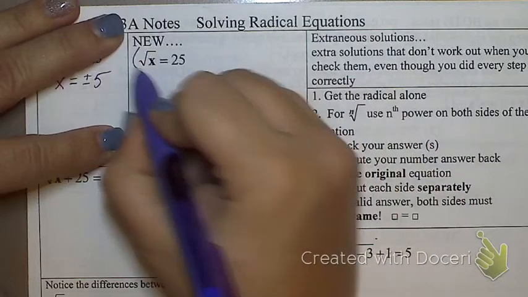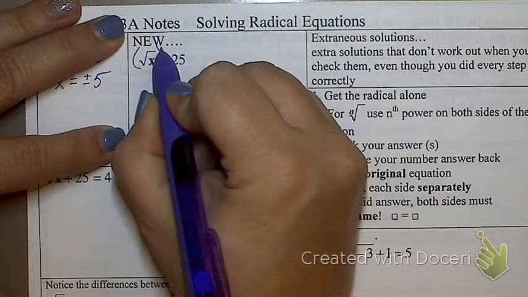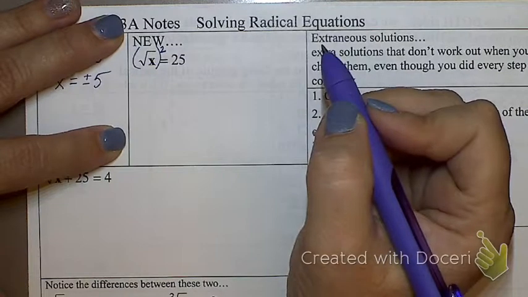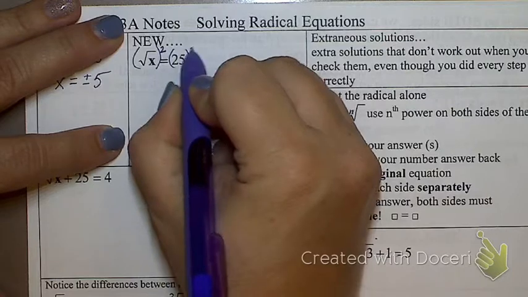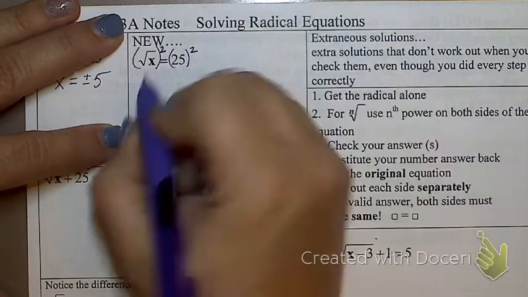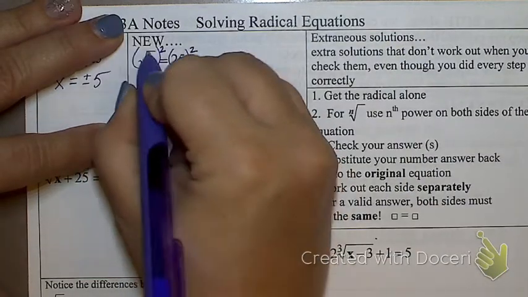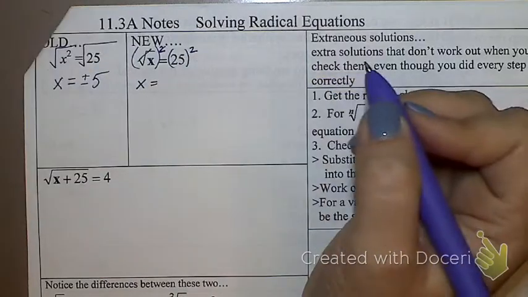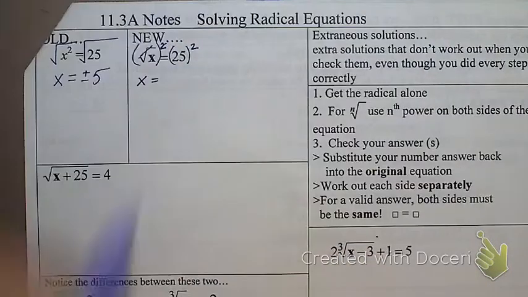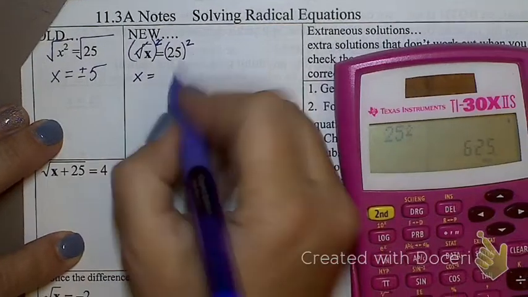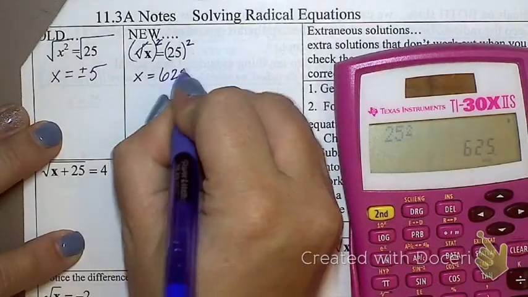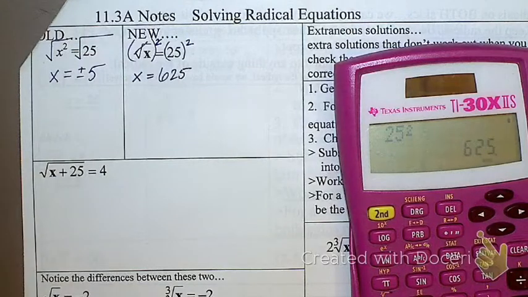Well, if it's a square root, I'm going to raise it to the second power because a second power will cancel out a square root. Now, if I do it to one side, I also have to do it to the other. So that's going to cancel, and I just need to figure out what 25 squared is. 25 squared is 625. It is a big number.